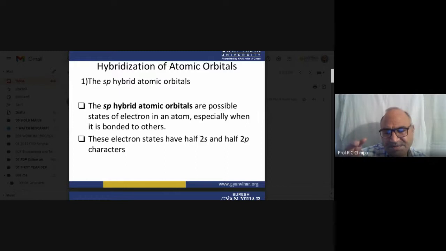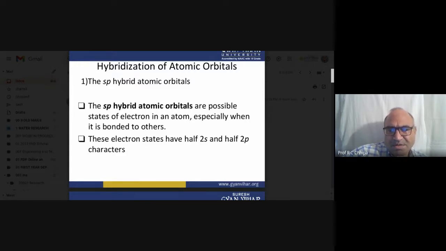In the case of sp3 hybridization, one s atomic orbital mixes with three p atomic orbitals. So in sp, one s atomic orbital combines with one p atomic orbital. In sp2, one 2s atomic orbital and two 2p atomic orbitals.